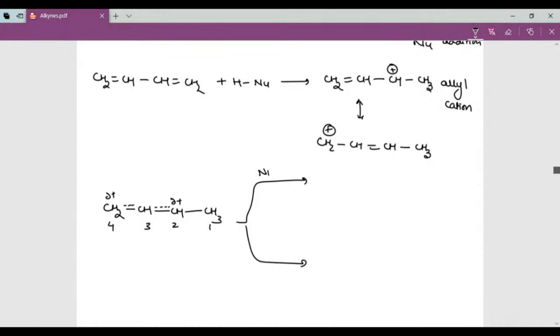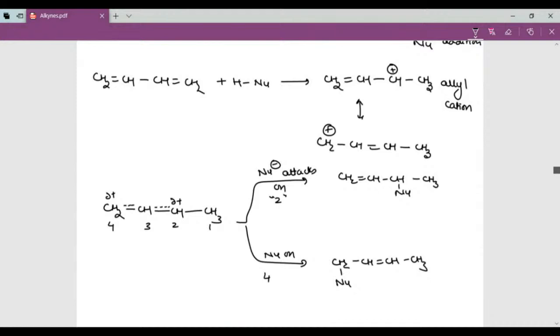If the nucleophile attacks on 2, then CH2 double bond CH single bond CH Nu CH3 is formed. If the nucleophile attacks on 4, then CH2 Nu CH double bond CH single bond CH3 is formed.